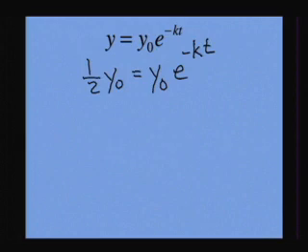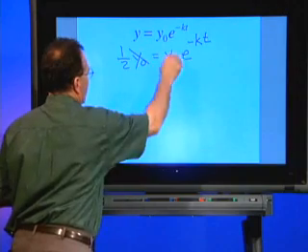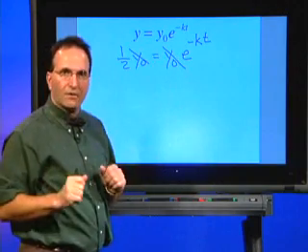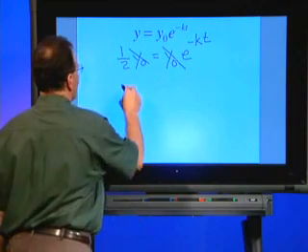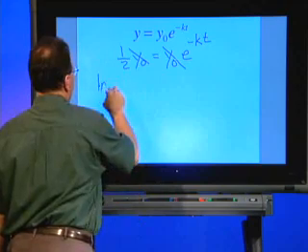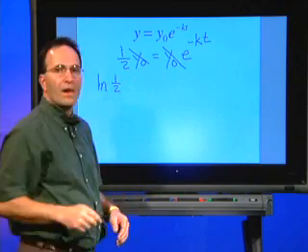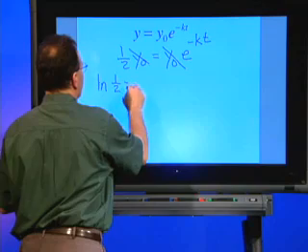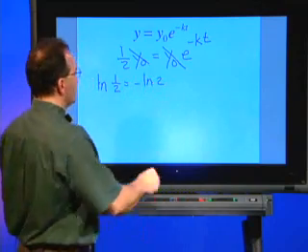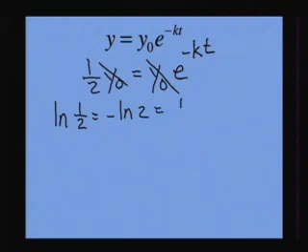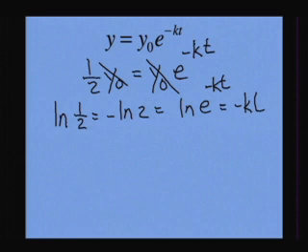So what we do now, of course, is these two y naught terms cancel each other out. We can take the log of both sides, and this is going to be the natural log of 1/2, which, remember, is minus the log of 2. And on the other side, the natural log of e raised to the minus kt is just equal to minus kt.